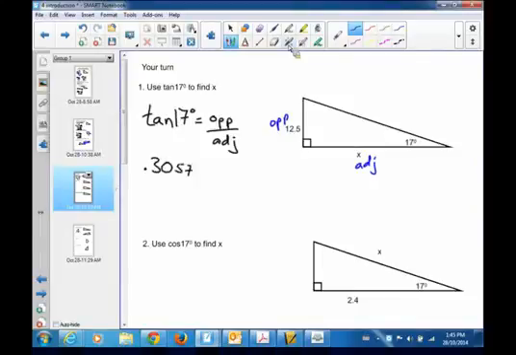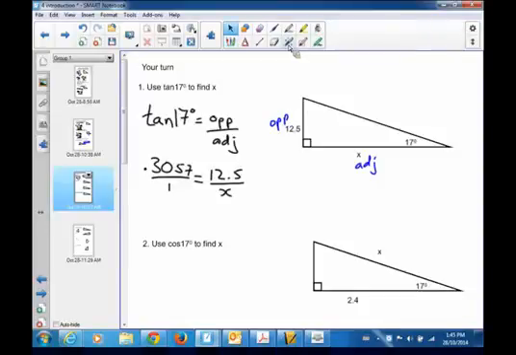3.057 if you want an extra one. If you want to call it decimal 306, that's fine. Opposite. Okay. I see.